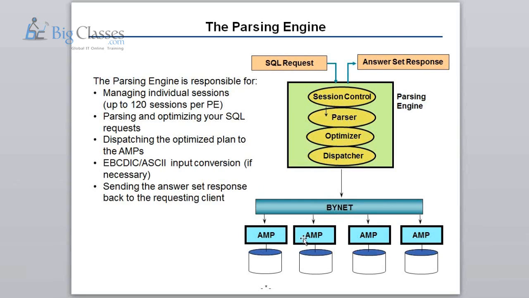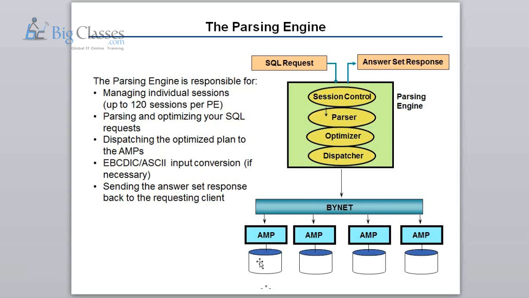There is no shared concept here; that is called shared nothing architecture, because each AMP works separately on its own data, since the data is distributed evenly across all the AMPs based on your primary index.